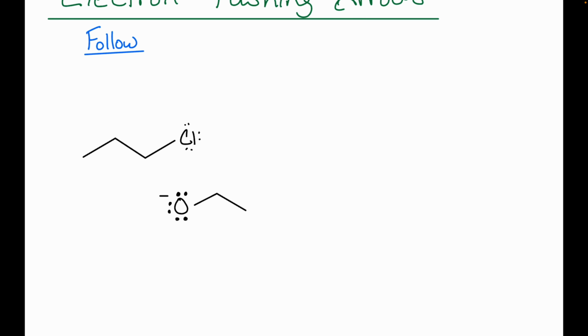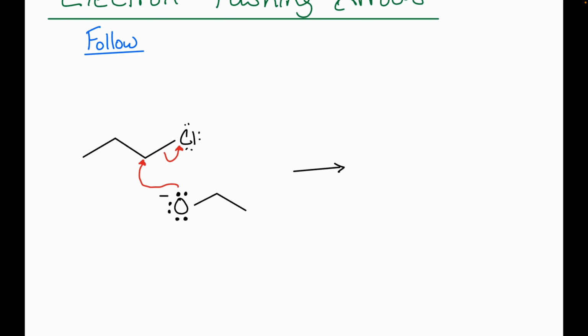All right, so we're seeing our bonding patterns again. I'm going to take this negatively charged oxygen. Okay, I want you to follow our electron pushing arrows, give me the result of this here.